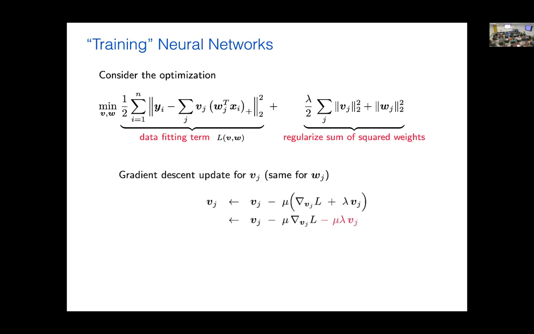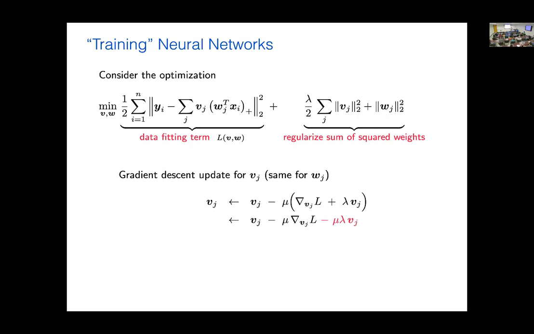So if we look at this overall function, we're minimizing over the input and output weights, the V's and the W's. If I just look, for example, at one of the output weights, a gradient descent step would be the new V is the old V minus a step in the negative gradient direction. And that negative gradient is the gradient of the loss function, that guy there, and the gradient with respect to this regularizer, which is just proportional to that output weight.